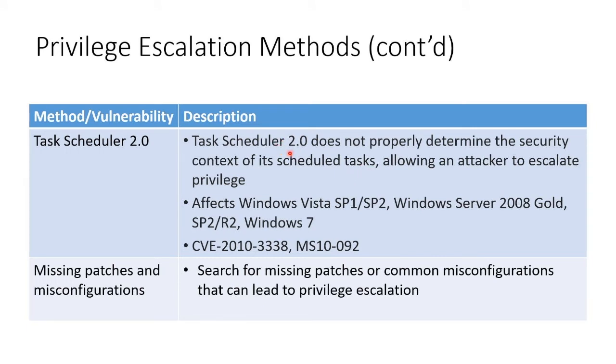But ask the task scheduler to do it for you in a few minutes, and it does have the privilege, and it does not check to see whether or not you, as the originator of the task, have the right. And this is something that affects Vista up to Server 2008 and even Windows 7. And there's a description of the CVE number.